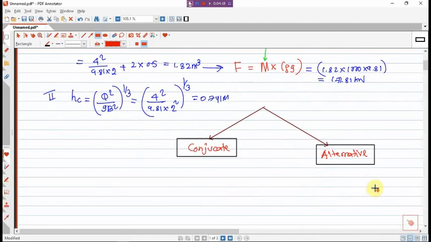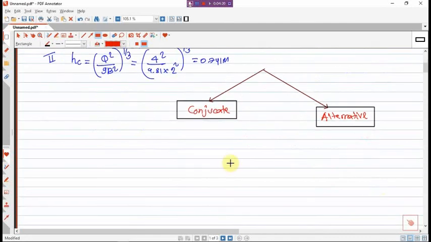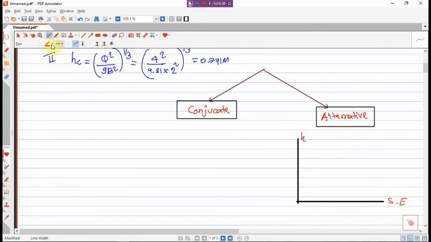So alternative depth we have already found from a graph which we already studied. So we already studied the H versus specific energy graph, right? We already drew a graph like this one.